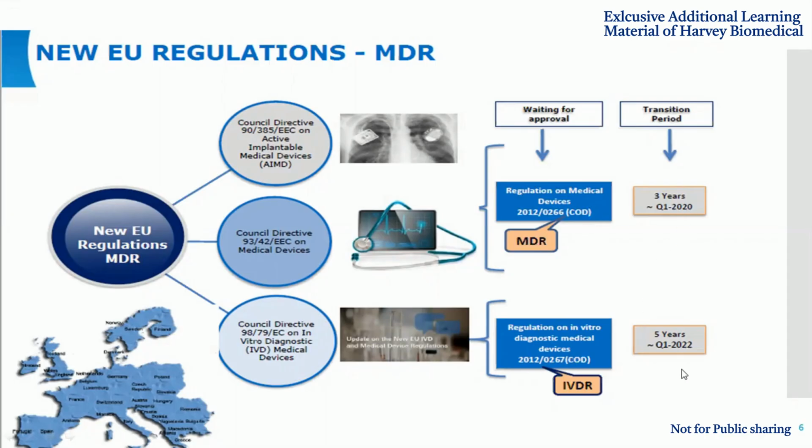In the same way, from May 26, 2022, only IVDR applications will be accepted. IVDD applications will not be accepted. However, if a valid IVDD certificate exists, then until the certification expiry they can sell into the market as per the IVDD and the MDD. After the expiry, they cannot re-register under MDD or IVDD. They have to go with the MDR and IVDR.